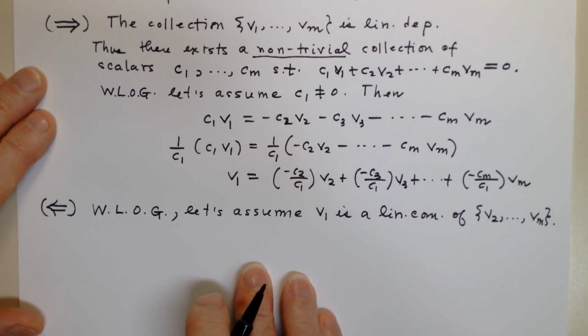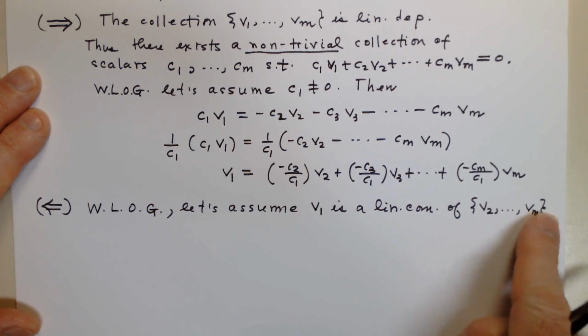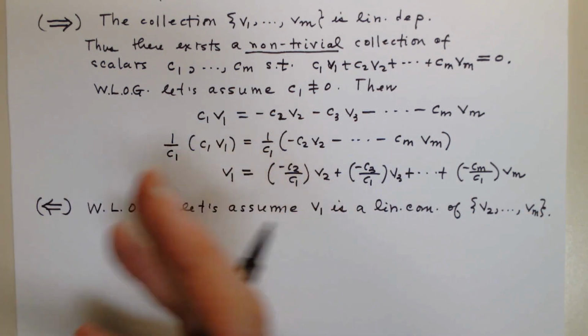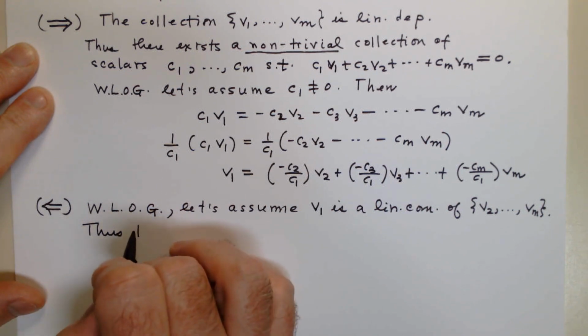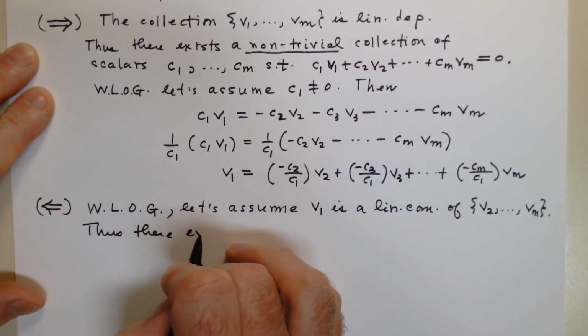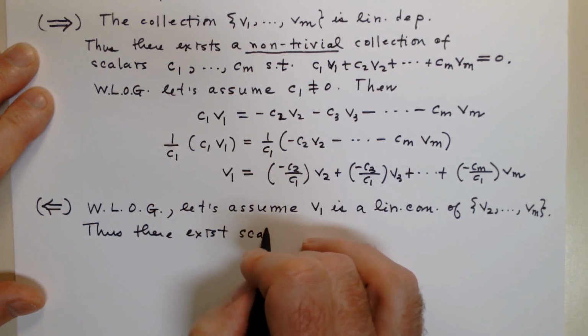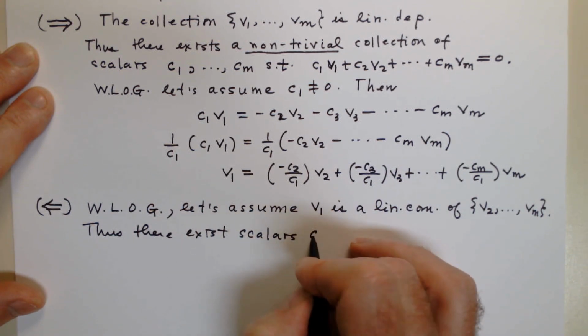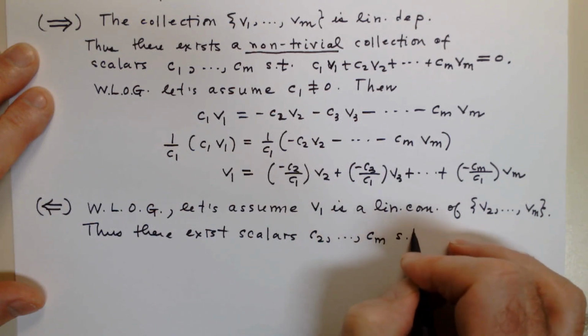Okay, and what does that mean? That means that there exist some scalars that I can write V1 as some scalings of those vectors added together, right?